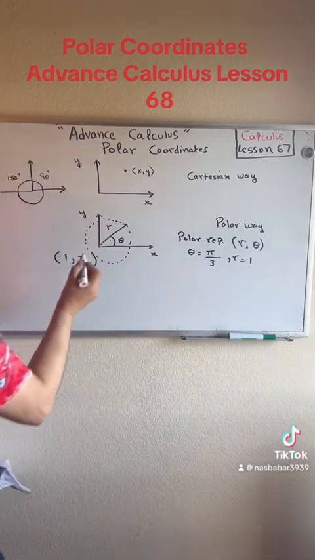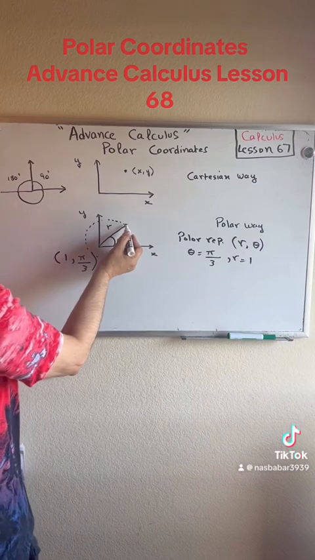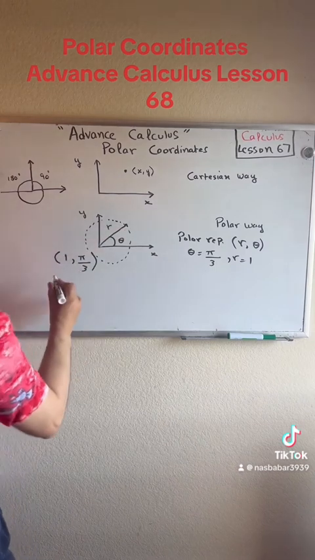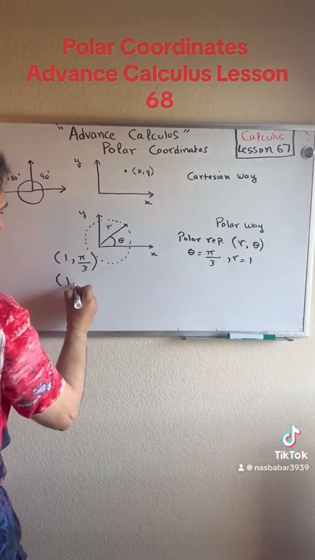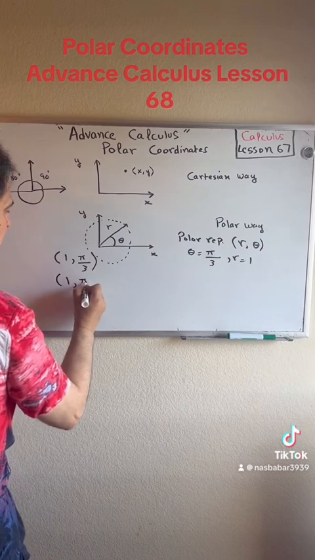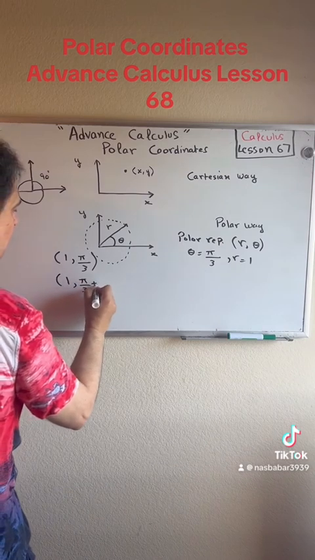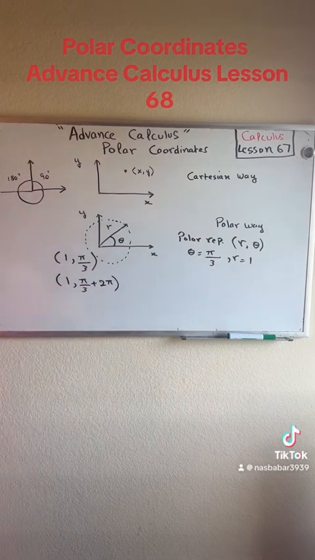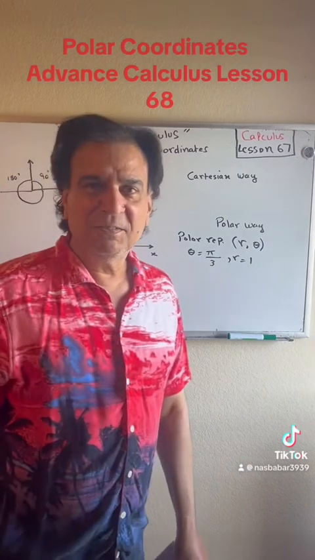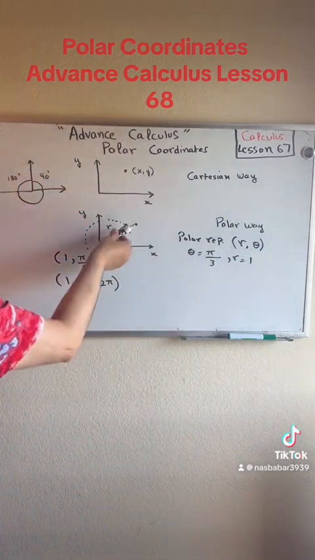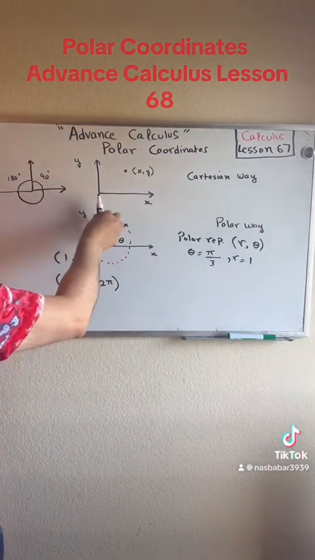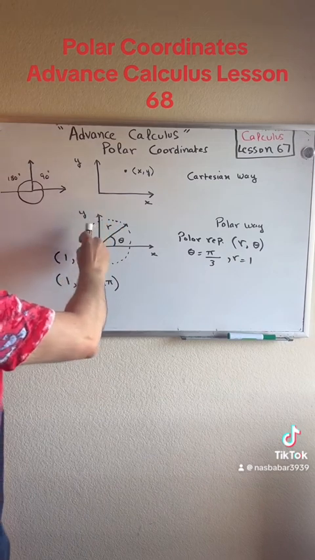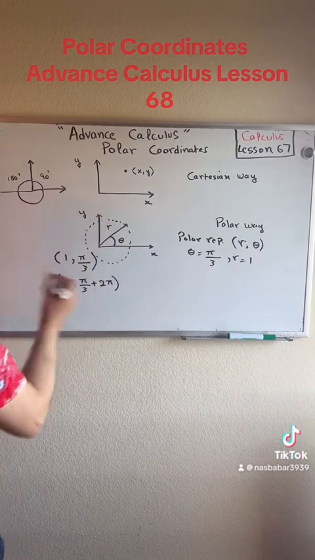Let me ask you this. If I add 2 pi to this, 1, pi over 3 plus 2 pi, am I changing anything? Am I changing this point? No. All I did was rotate and come back to the same position. So that's 2 pi.